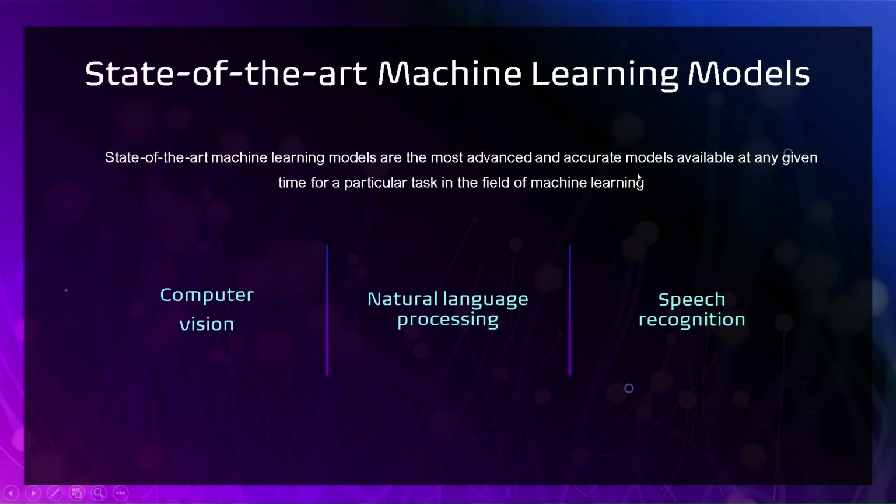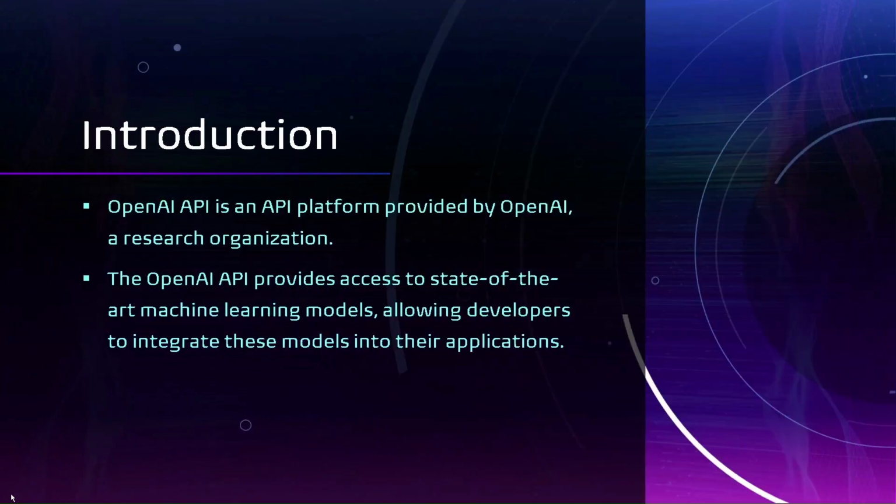So you can see that these models are available at any given time for a particular task, and also these models are widely used in many applications such as computer vision, natural language processing, speech recognition, recommendation systems, etc. So now it's clear that what is this state of the art machine learning model, right? Now let's check out the definition again.